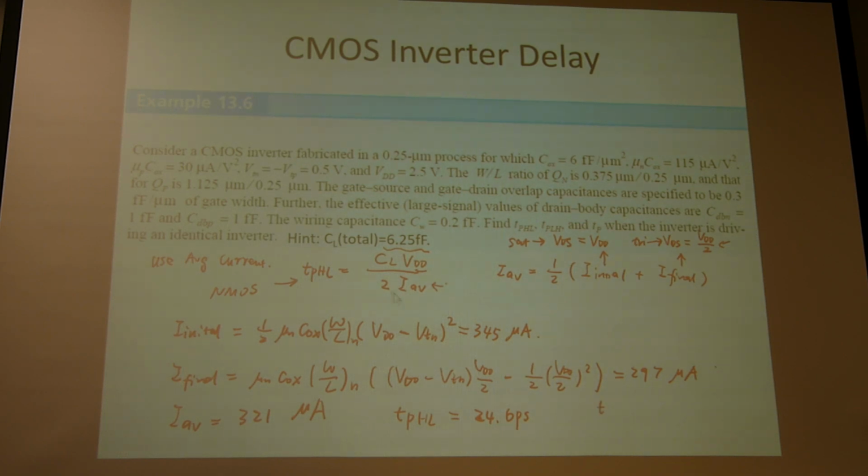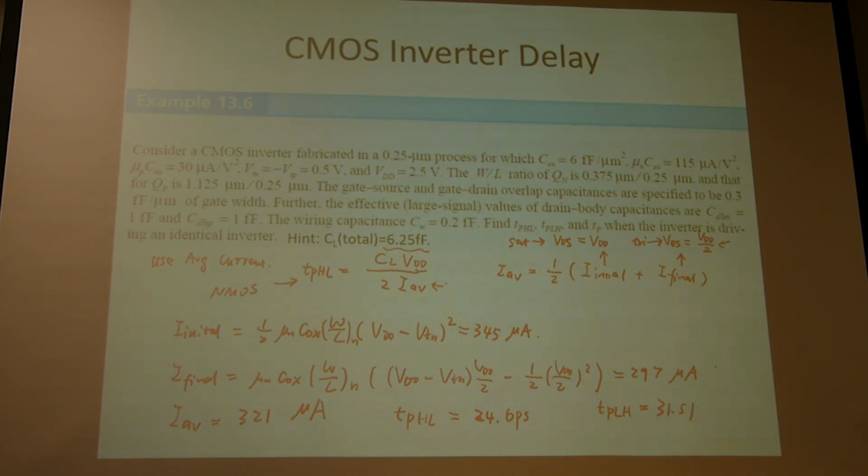The only difference here is that you need to plug in all the PMOS parameters, like mu n becomes mu p, W over Ln becomes W over Lp, and the Vtn becomes Vtp. So if you do that, then you will get the TPLH. Because PMOS is for low to high. PMOS is pulling up from low to high.